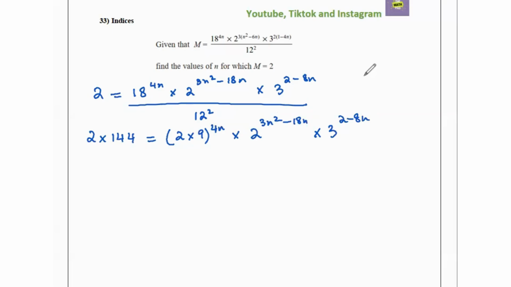Okay, now, so 144 times 2 is 288. Let's see if we can split 288 into the base of 2 or 3. So 288 divided by 3 is not possible, but by 2.